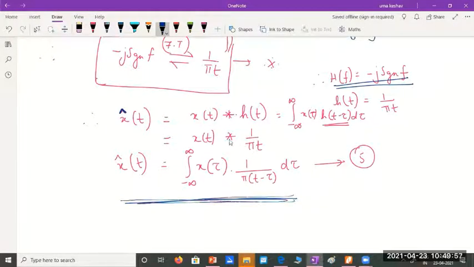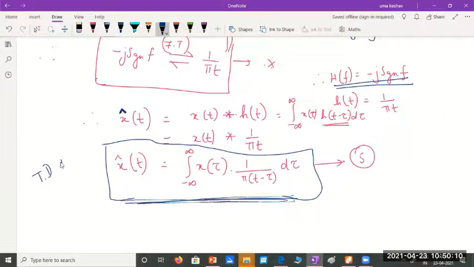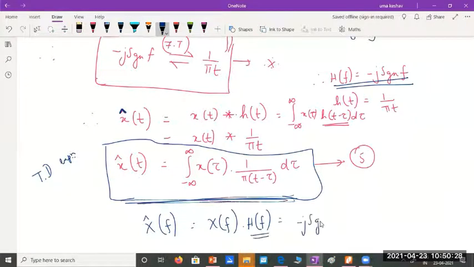And once we got this, we just do the convolution operation to define the time domain expression. So this is the time domain expression of the Hilbert transform. If I want to shift it to the frequency domain, we already saw this: X cap of f is X of f into H of f, where H of f is minus j signum of f, into the given signal X of f.